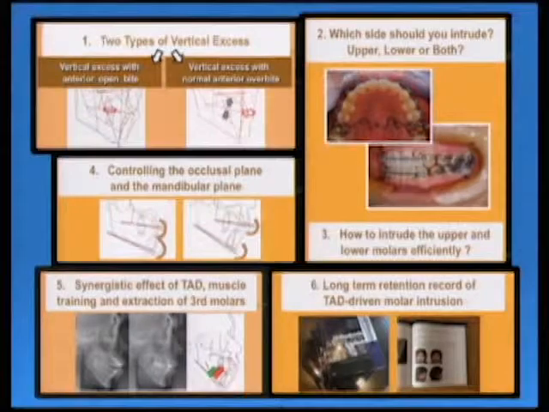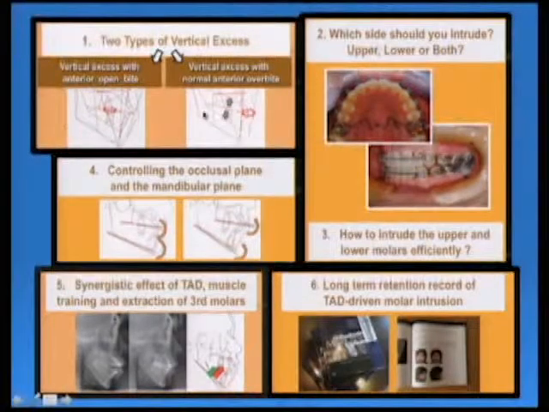If I briefly introduce the list of contents, at first, I'm going to talk about why I classify the vertical excess into two categories, which are vertical excess with anterior open bite and vertical excess with normal anterior overbite. Secondly and thirdly, I will talk about which side you should intrude, upper or lower, and how.